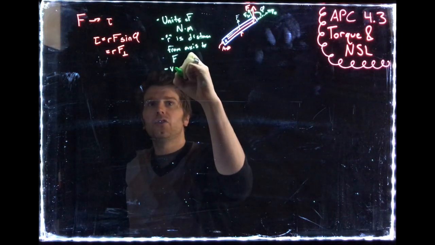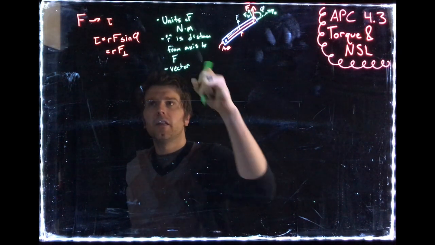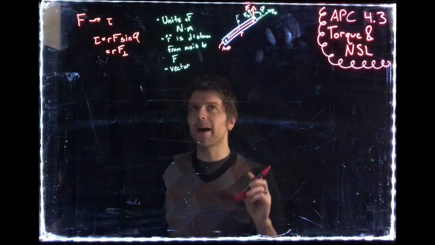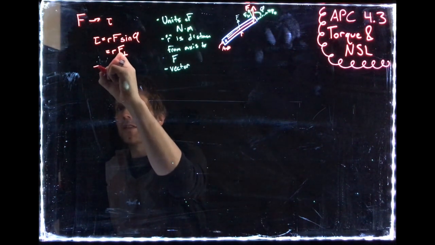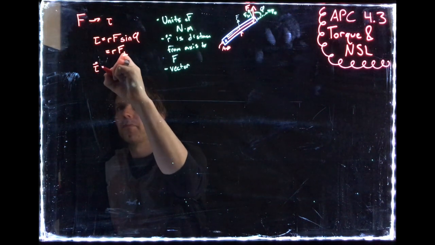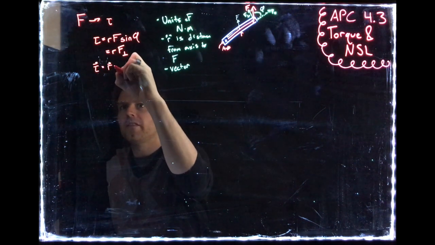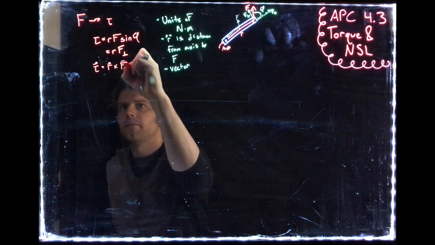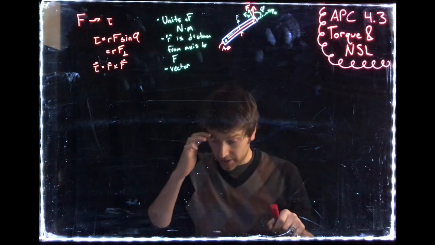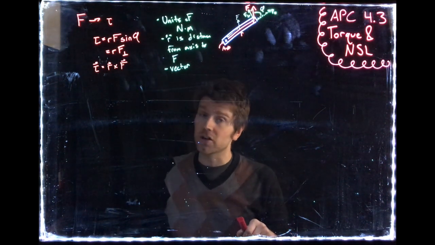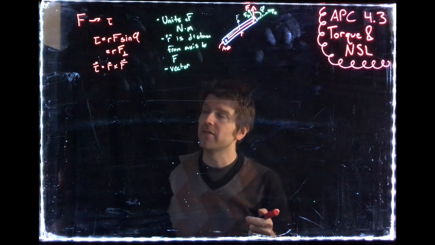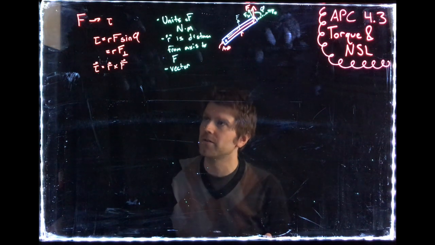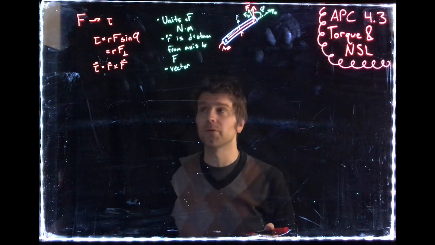And in fact, you will see sometimes that more mathematically, instead of being written as r F sine theta, it will often be written this way: torque is a vector equal to the vector cross product of r and the force. Now, we haven't talked a lot about vector cross products. This is the other way to multiply vectors. We've talked about dot products so far. And you might remember dot products were the magnitude of the two vectors times the cosine of the angle between them.